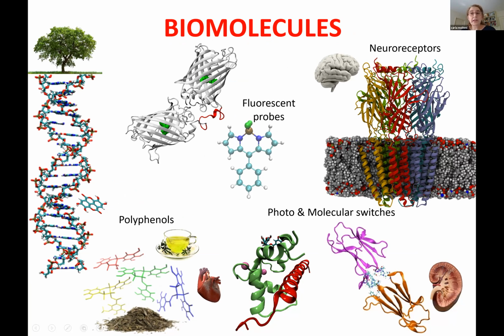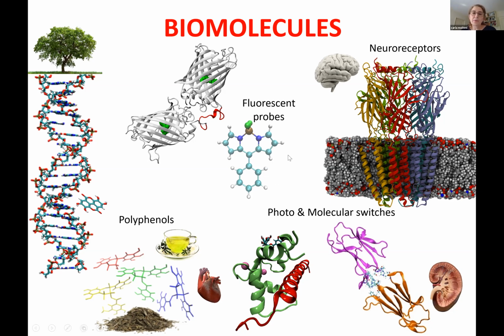So concerning the biomolecules work that we do, we've been working on polyphenols interacting with various proteins or DNA. And we have been working on neuroreceptors, that is the topic I will mostly focus on. Neuroreceptors can also be activated by specific molecular switches that are also common to other systems, for example, protein aggregation and fibrillation development. And this is another problem we have looked at.